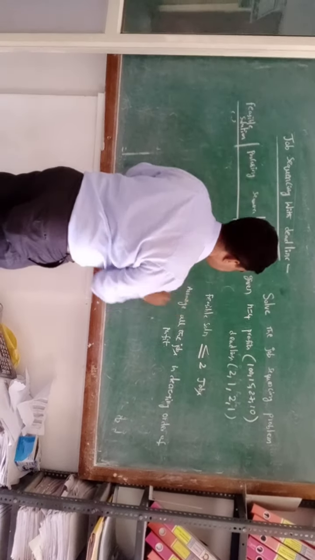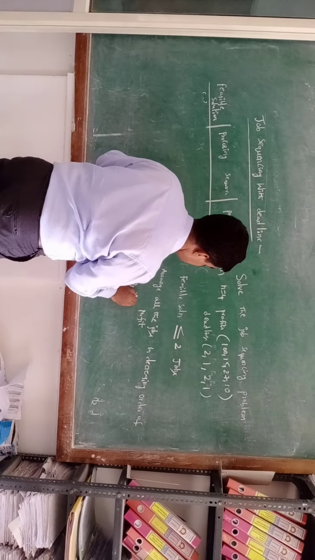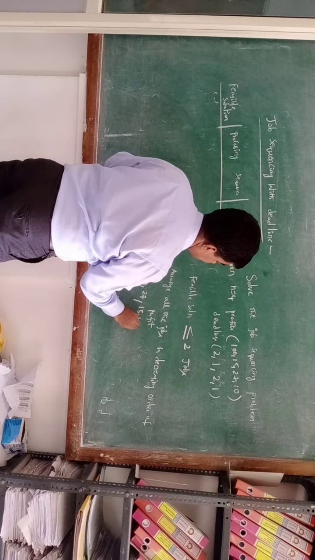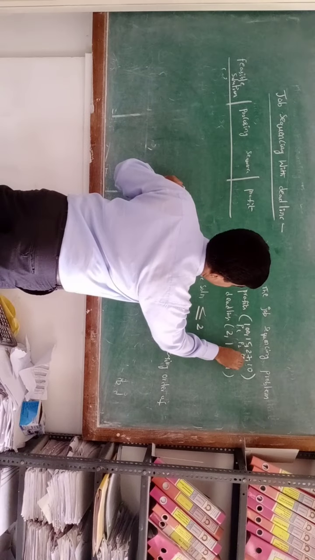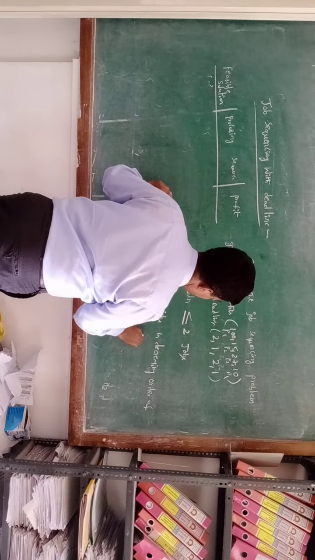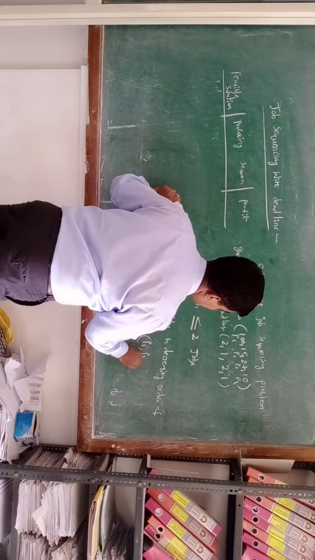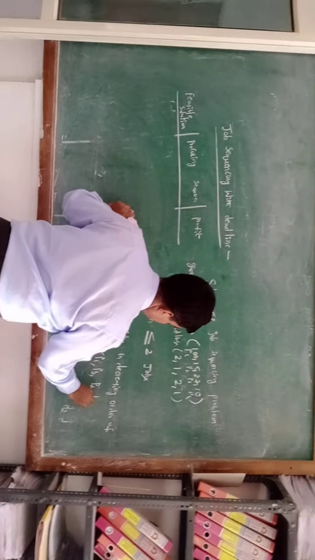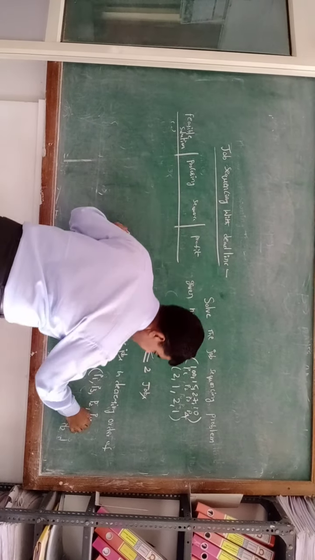So first one is 100 maximum, next 27, next 15, next 10. Suppose this is P1, P2, P3, P4. So here what you will get: first P1, next P3, next P2, next P4.